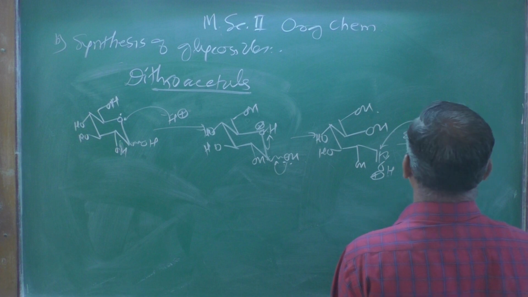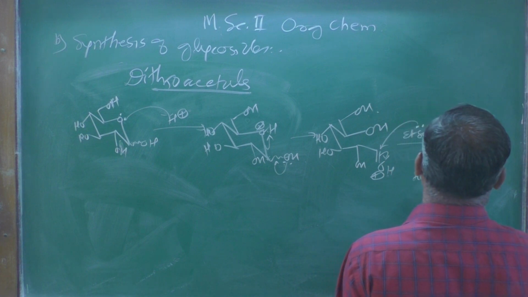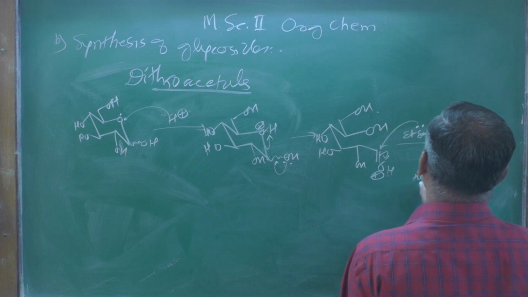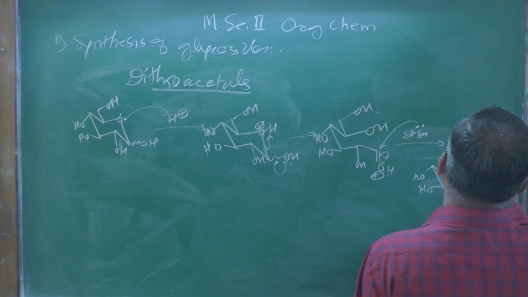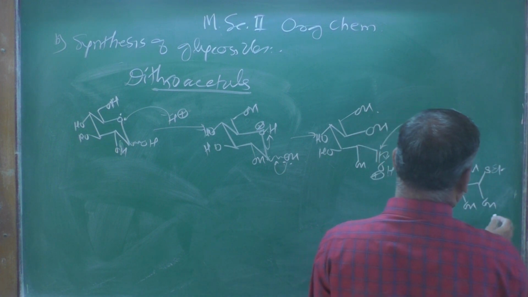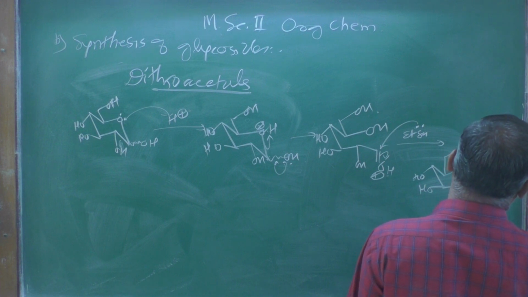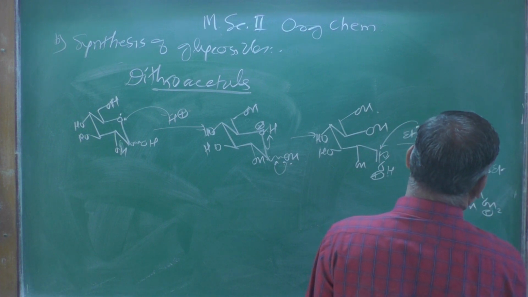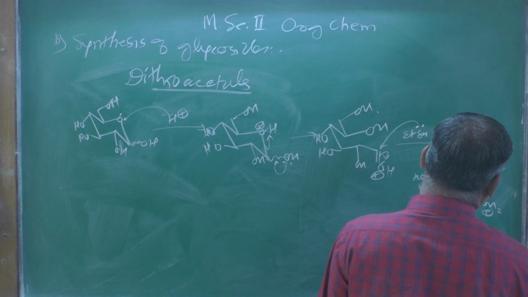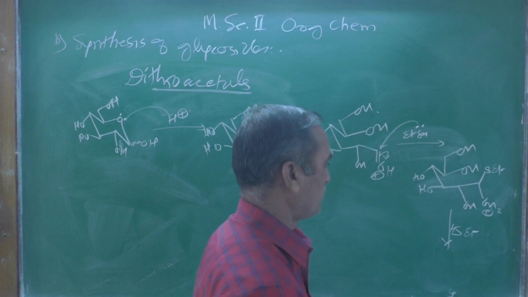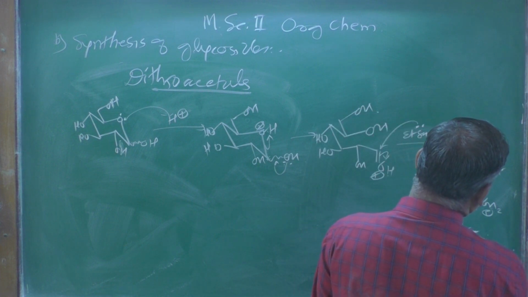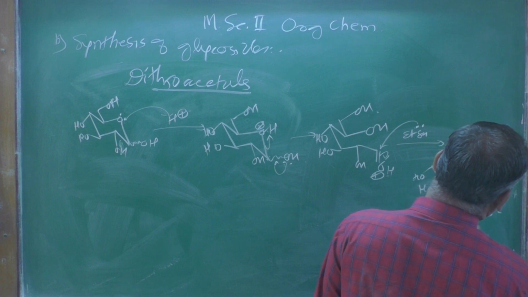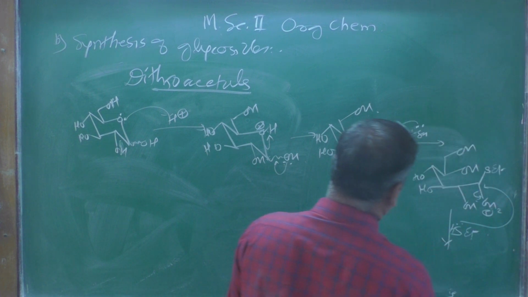This is a hydroxy group, we can show as it is there, hydroxy group, then HO, then here OH, and you can write here SEt, and that proton comes here, that becomes OH2 with a positive charge over there, and then another HSEt, the ethyl thiol is going to attack over there, and that gets eliminated.